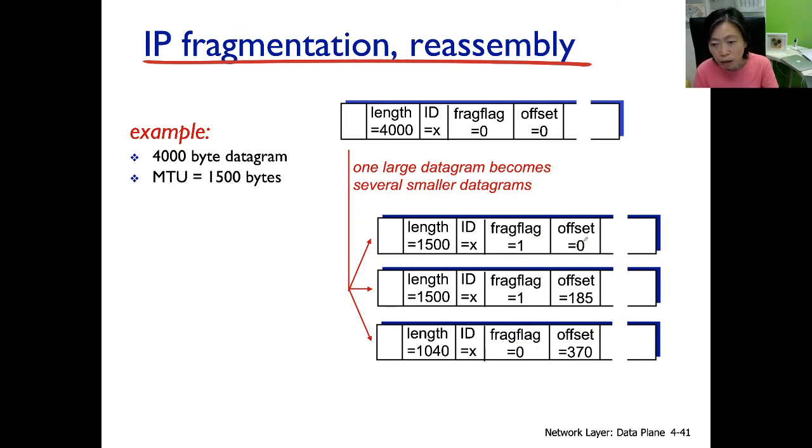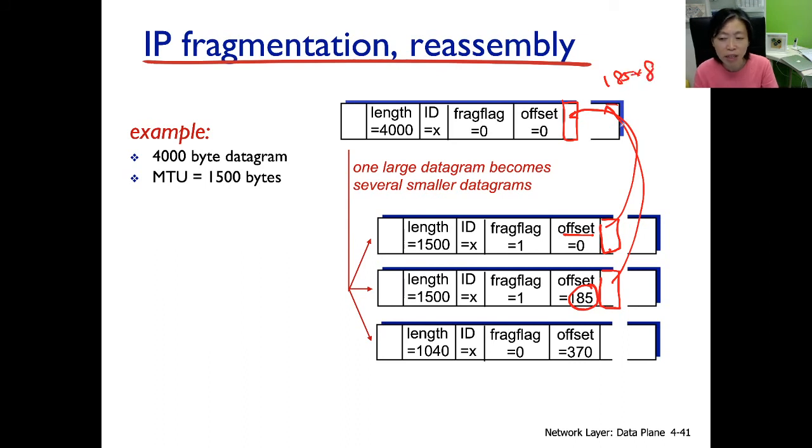In fact, what the offset is saying is the position of the first byte here in the original data packet. So the first byte here is the original byte 0. The first byte here is the original byte something. It's not exactly 185, it's actually 185 multiplied by 8.